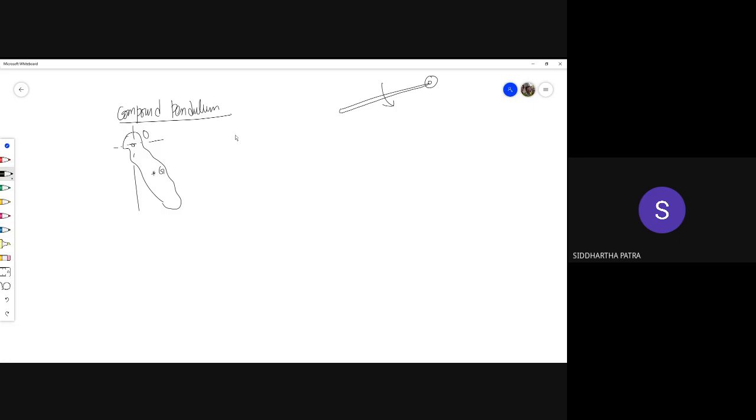So if I draw the free body diagram of this body, when the line joining the pivot point and the center of mass makes an angle of theta, you have this set of forces. At G, you have mass times g.